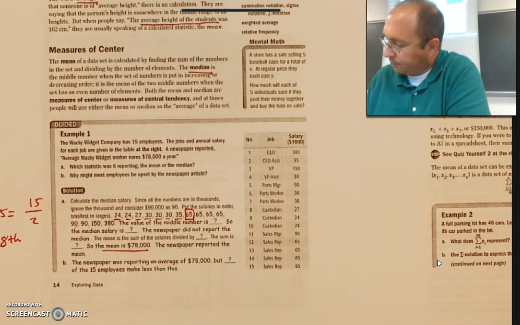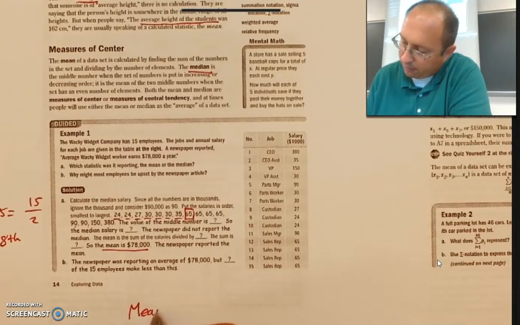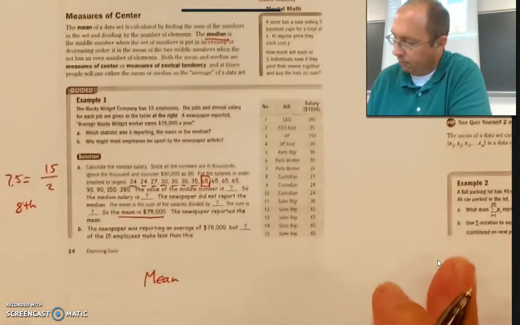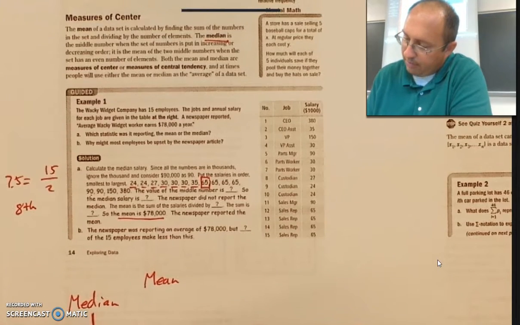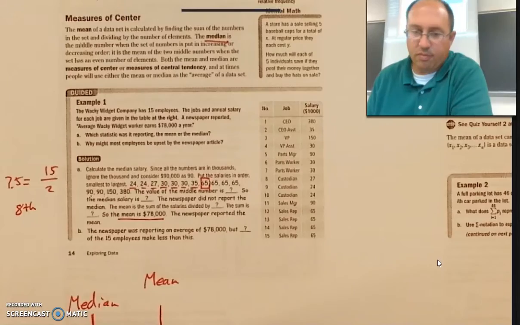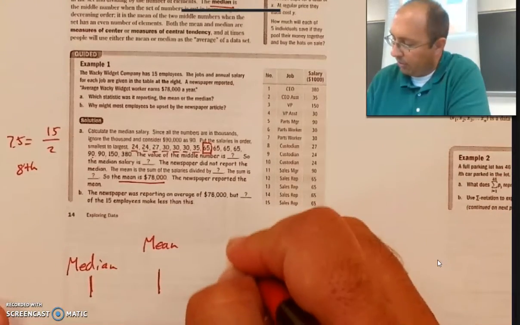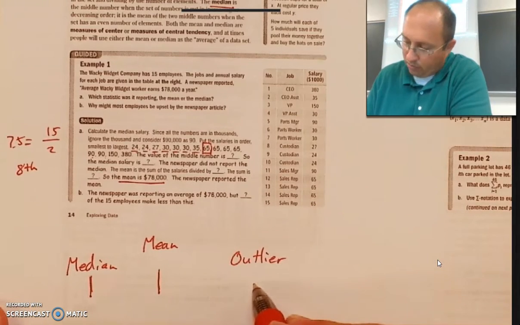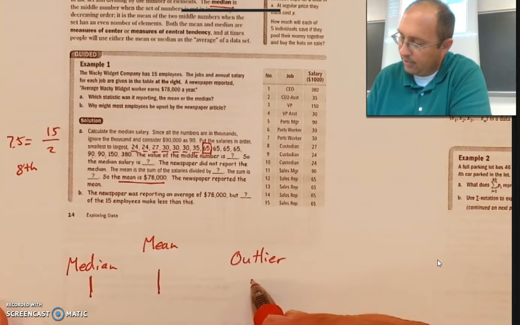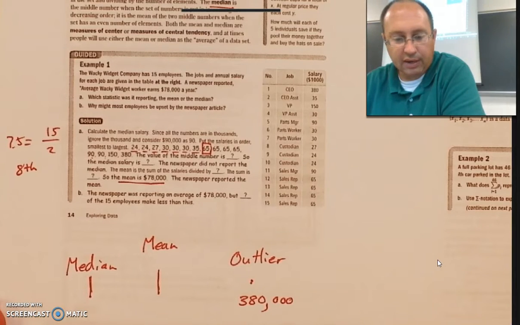Now, why is the mean here and the median way back here? Why is this the middle here, but this is a measurement of the middle and it's way up here? It's because of something called an outlier. And that outlier way up here, in this case, is the $380,000 CEO salary.